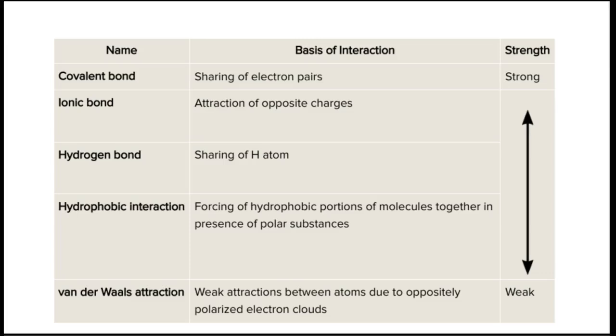Then hydrophobic interactions, where you have hydrophobic portions of molecules coming together due to the presence of outside polar substances that do not interact well with hydrophobic compounds. So this is more so hydrophilic substances that are around. And then you have van der Waals attractions.